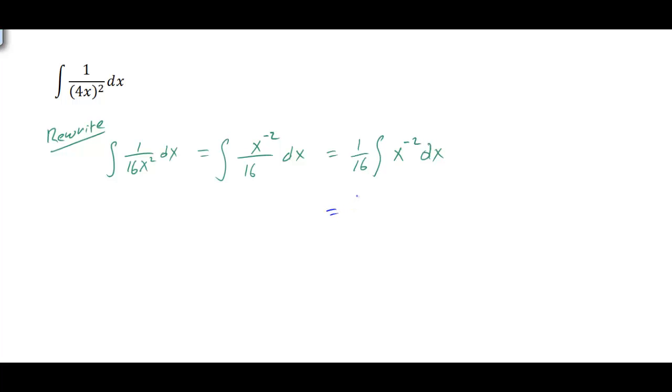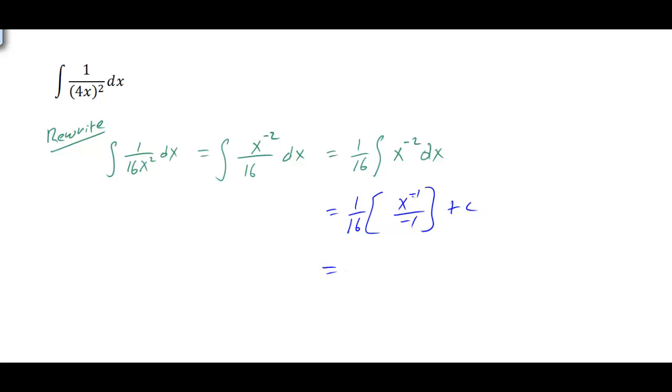So if we integrate, make sure you bring down that constant multiplier, otherwise you will forget it. And now if we integrate, you have x to the negative 2. You're adding 1, so that becomes a negative 1 divided by negative 1 plus our constant.